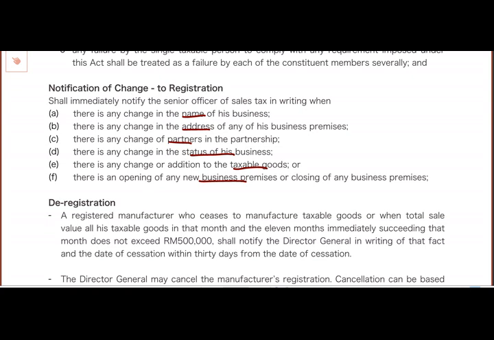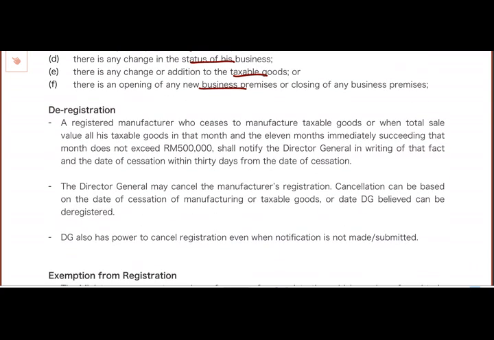Okay, the deregistration part. Now, deregistration is basically cancelling your registration. And what will happen once you've cancelled registration? Then the goods will not be imposed sales tax. Now, when will you deregister? For a registered manufacturer, either when you cease the manufacturing of taxable goods, so you stop making, okay?